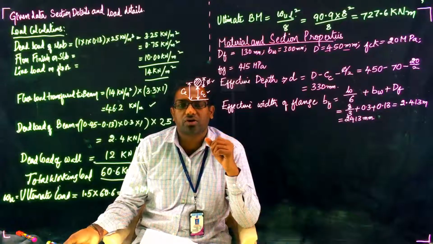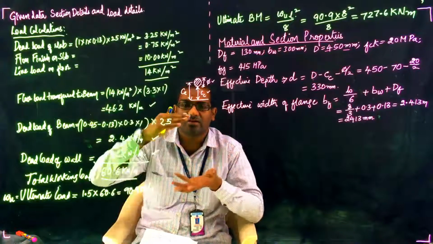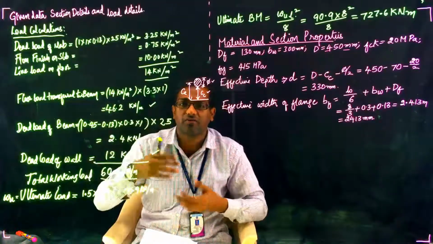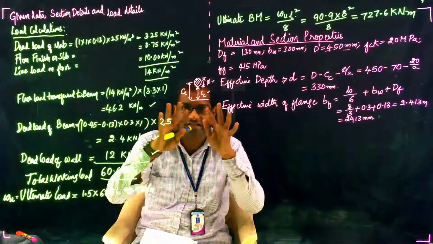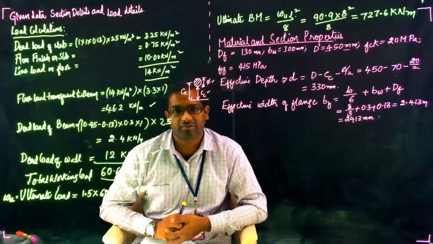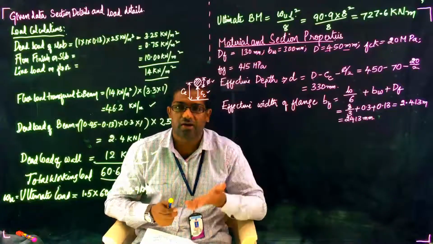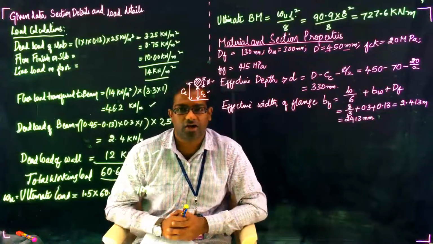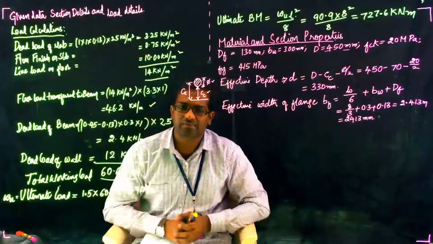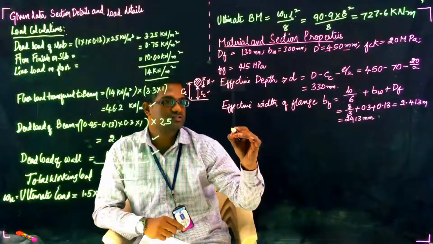If you know the area of steel and the sectional properties, you can calculate the neutral axis. But because the area of steel is not given, you cannot calculate the neutral axis. So based upon assumptions, we will go. Okay. So we'll start design calculations.